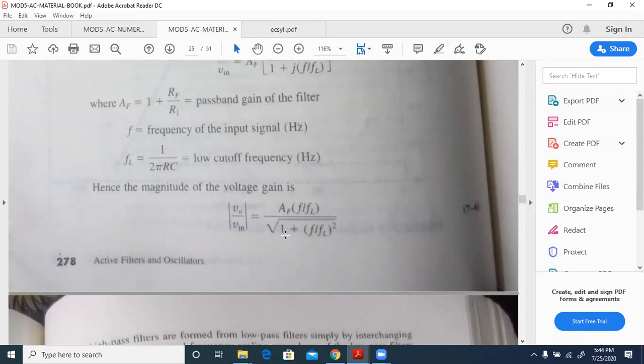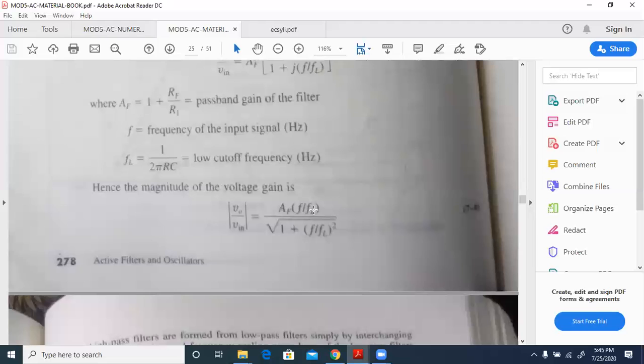Okay. So it all depends upon FL and FH, both are same, 1 by 2 pi RC. This will be the cutoff frequency. This is not going to change. And this AF equal to 1 plus RF by R1 was also not going to change for the first order filter. So both these are not going to change.